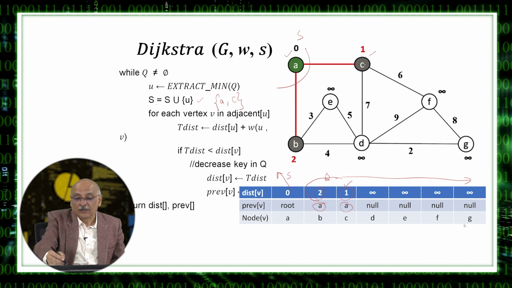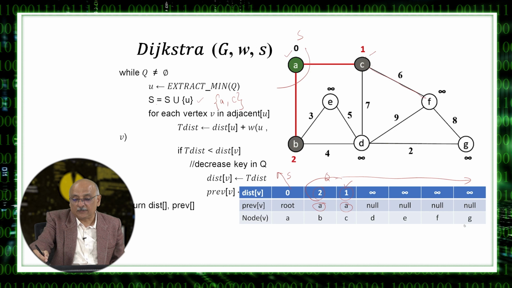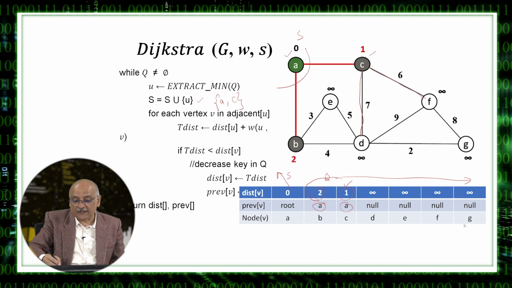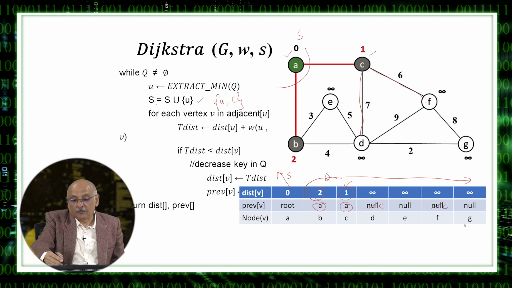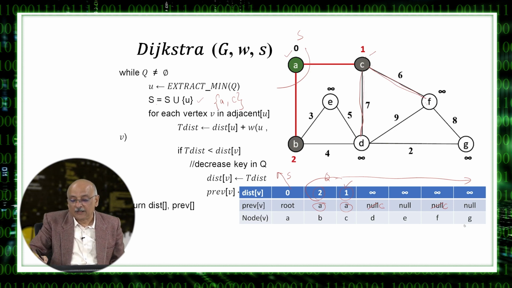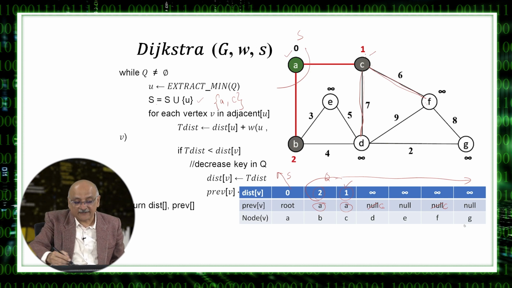Now what are the adjacent nodes to this node? F and D. All right. So first of all, what is the predecessor for D and F? Obviously C. For both these nodes, because they are the adjacent nodes, right? So for both of them, the predecessor is C. And what is the weight?